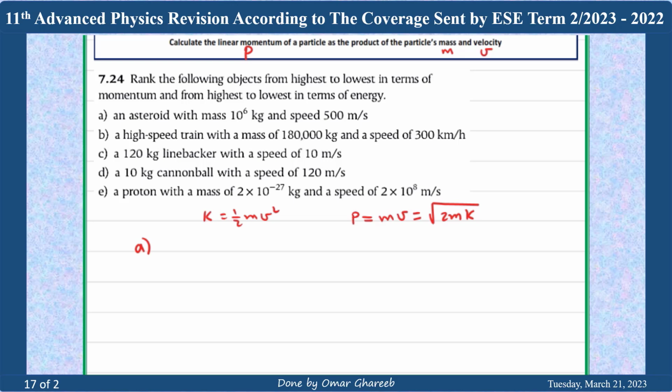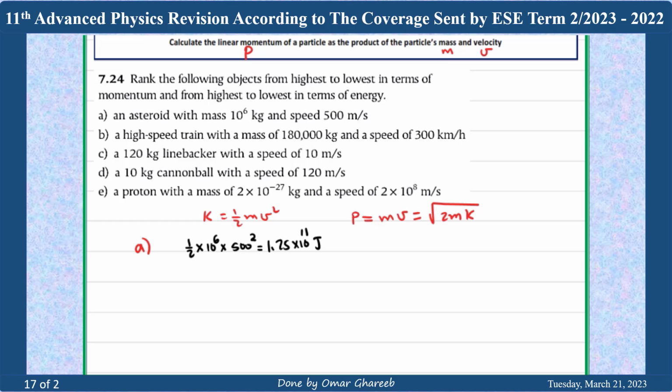For the first one, the kinetic energy is 1/2, the mass is 10 to the power 6, the velocity is 500 meters per second, and we need to square it because it is v squared. The answer would be 1.25 times 10 to the power 11 joules.